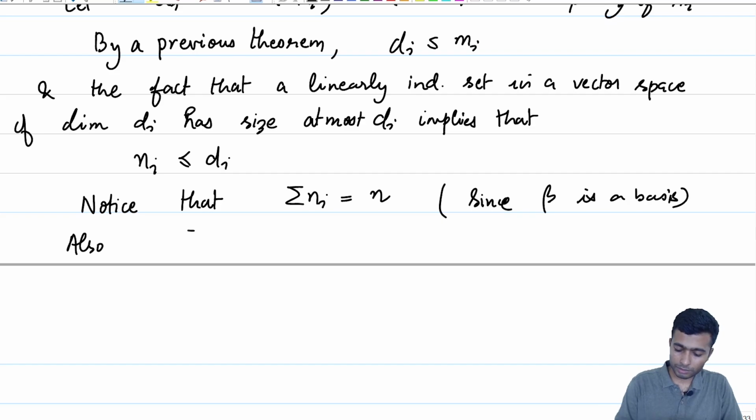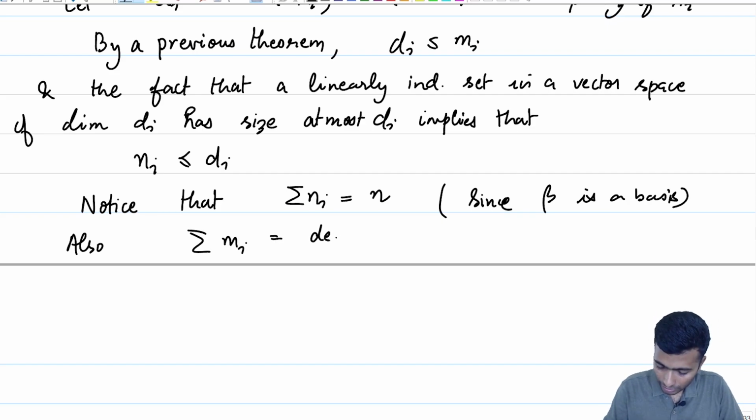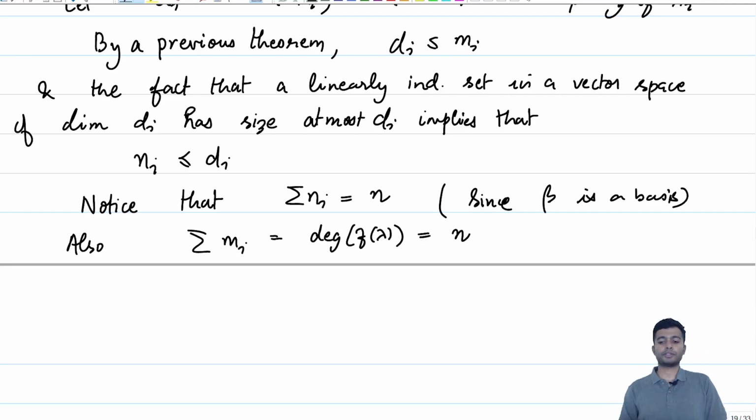Also, what is summation mi? That has to be equal to the degree of f of lambda, the characteristic polynomial, which is equal to n. This is from the explicit form of the characteristic polynomial we have seen last week.